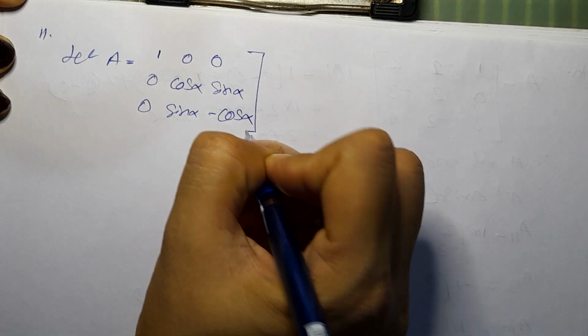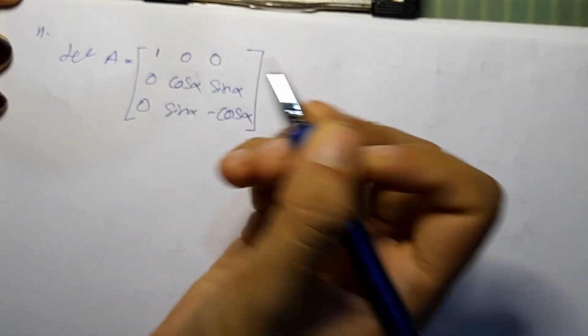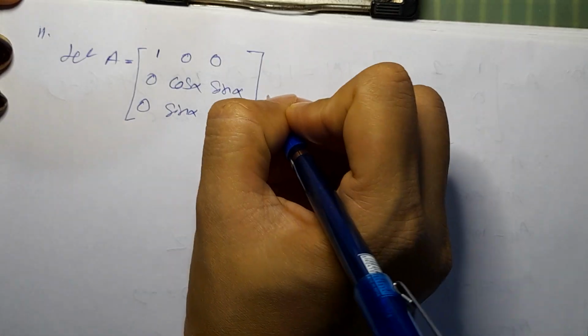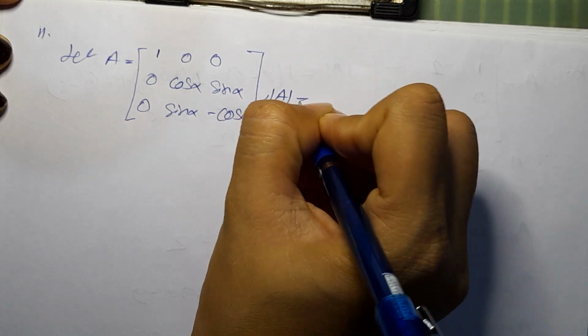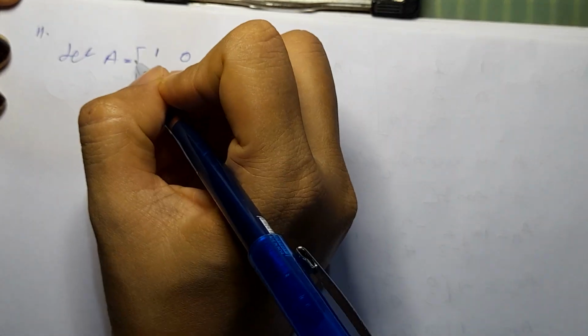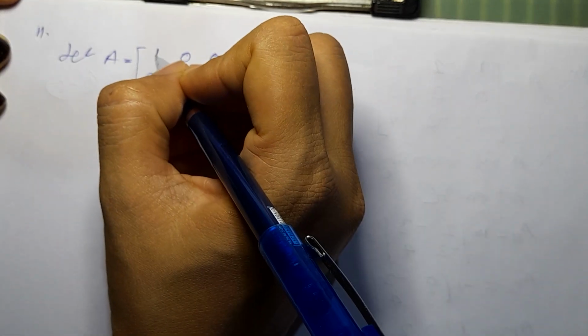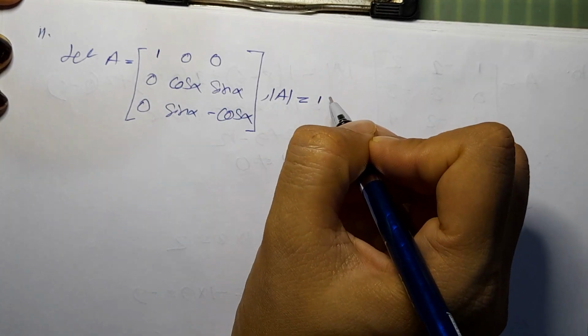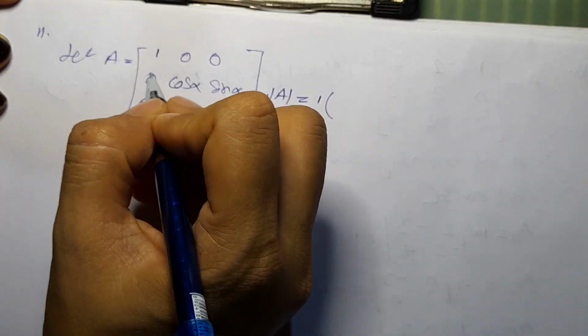So this is the matrix A. Let's find the determinant. Expanding along the first row, this will be A11. So this is 1 times the bracket, eliminating this row and this column.